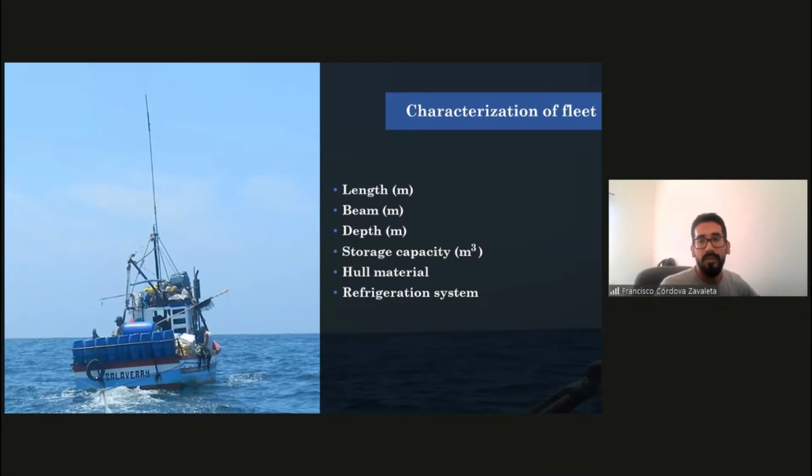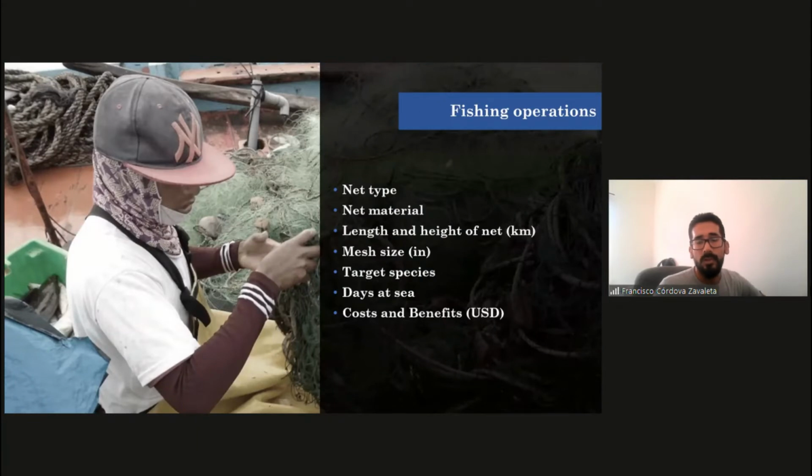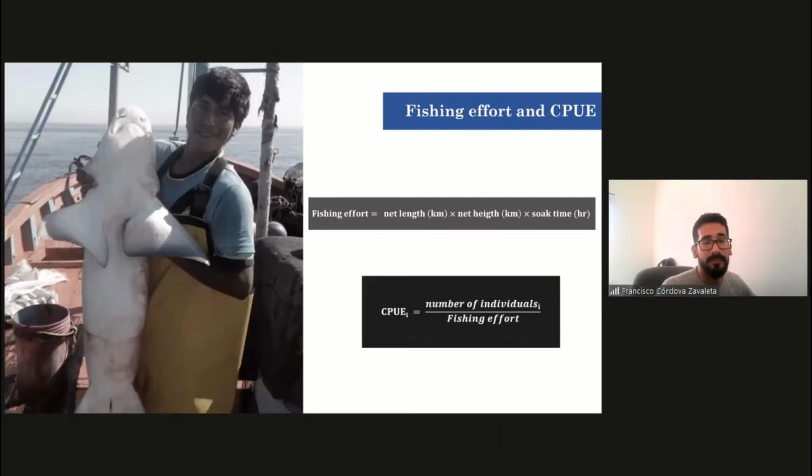For this, we tried to characterize the fleet. First, all about the dimensions of the fleet, also the material of the hull and refrigeration system. We also wanted to expand the knowledge about the fishing operations. I mean, all about the nets they use, the type, the material, the mesh size, target species, days at sea, and also, to complement, some economic aspects such as costs and benefits.